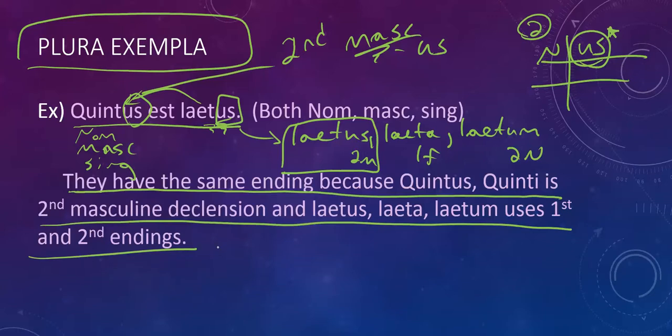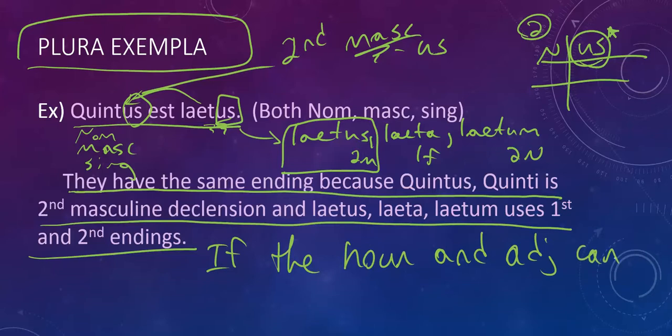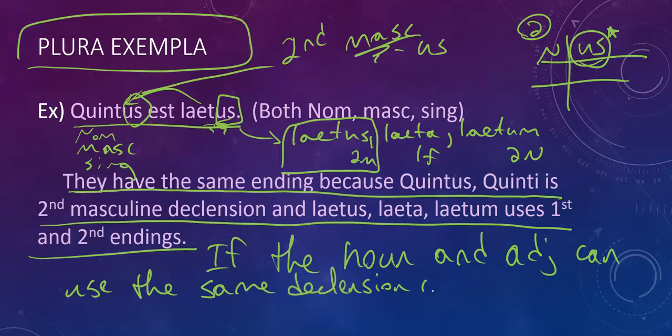So, if the noun and adjective can use the same declension chart, then they do. You have to look at the dictionary entry to figure this out.